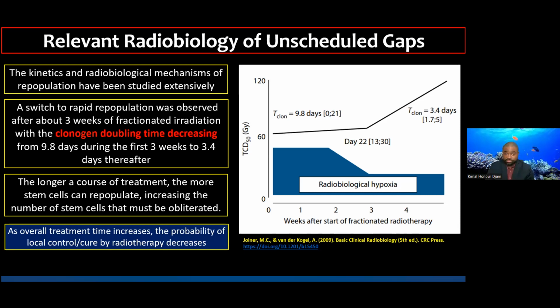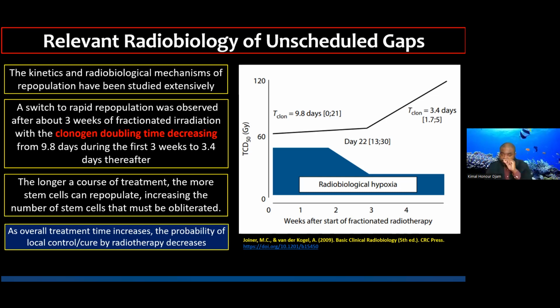That being said, the kinetics and the radiobiological mechanisms of tumor repopulation have been studied in an extensive series of experiments with fractionated irradiation given to human tumor xenografts. These xenografts were studied either under clamp hypoxia or under normal blood flow conditions.